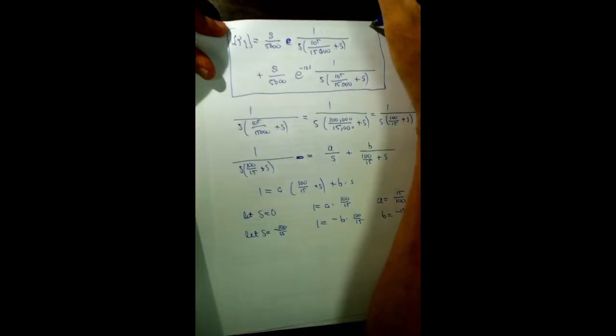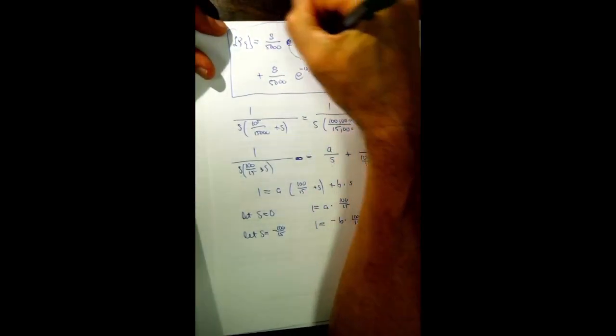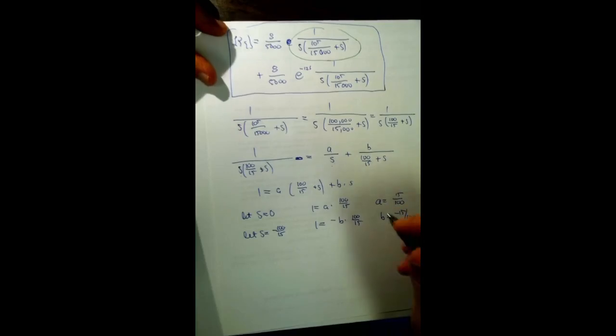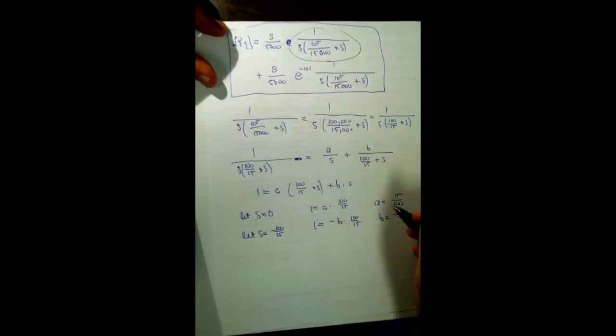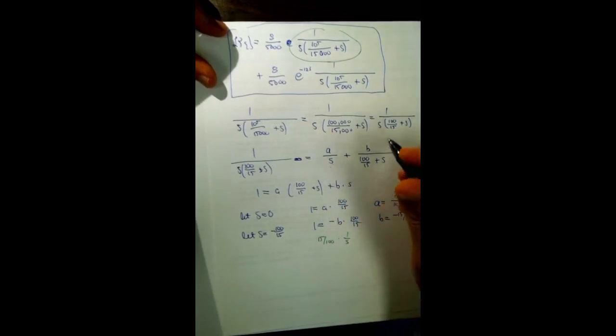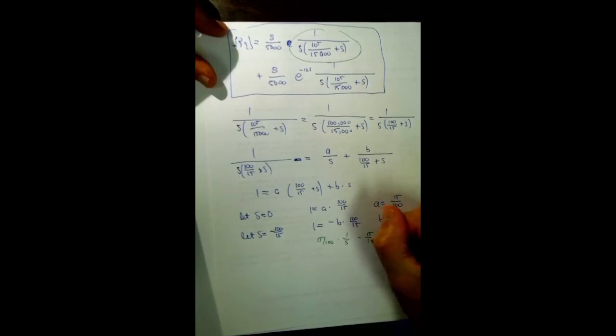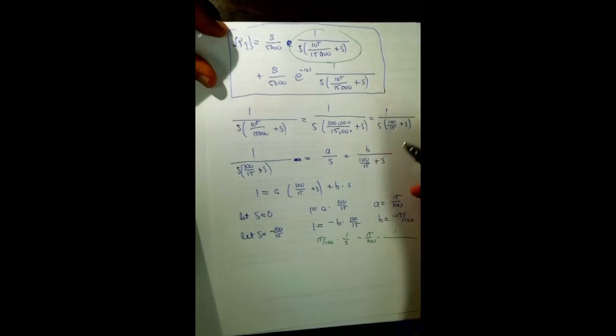So I'm going to rewrite this term now, where each of these things I can write as a over s plus b. So this can be 15 over 100 times 1 over s, minus 15 over 100 times 1 over 15 over 100... that is, 1 over 100 over 15 plus s.